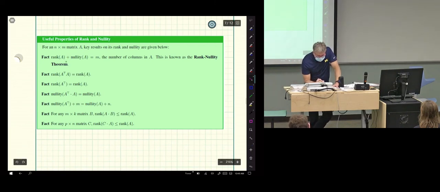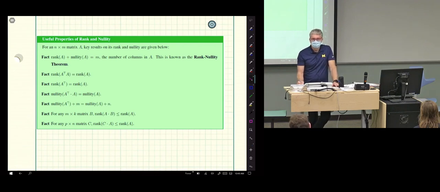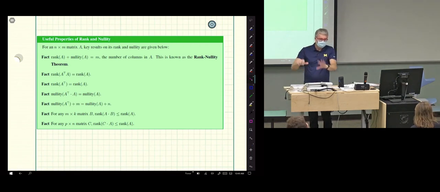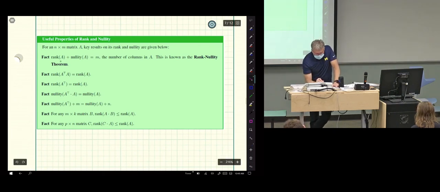They're related: the rank plus the nullity is always equal to the number of columns of the matrix. So the number of dependent vectors is the number of ways you can get non-unique solutions. That's exactly how you get non-trivial linear combinations that add up to 0. It's a really cool thing.